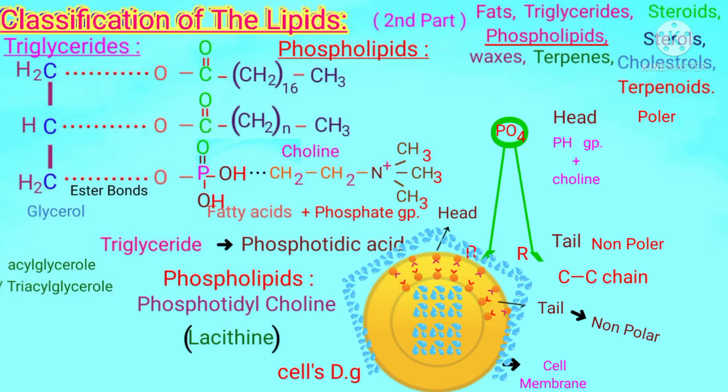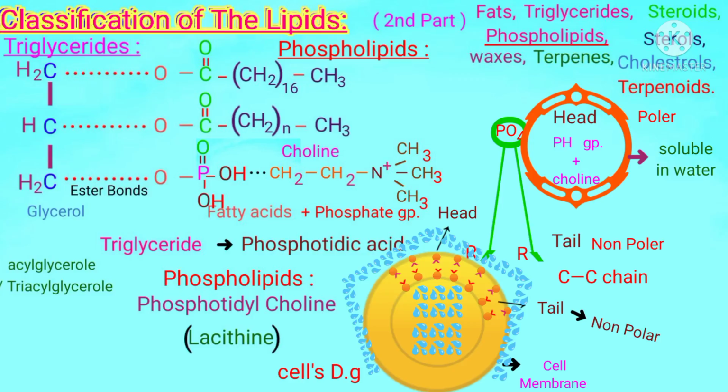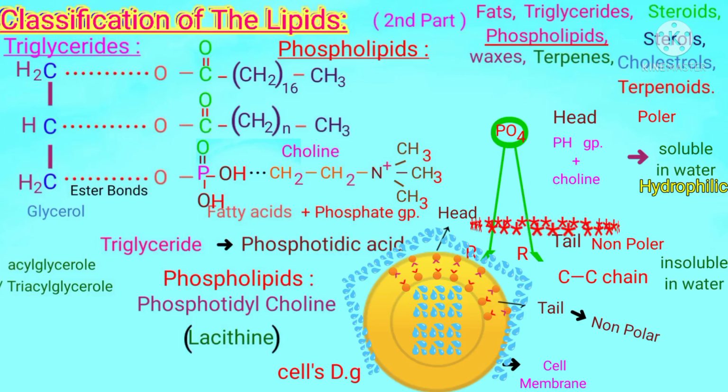Students, the last point about phospholipids is that the polar phosphate and nitrogen-containing groups are soluble in water, so they are called hydrophilic, which means water loving. So the head region is mostly present in water because it is hydrophilic. But students, the tail region is insoluble in water, so this non-polar region is called hydrophobic, which means water repellent.